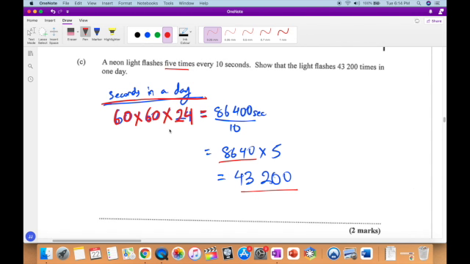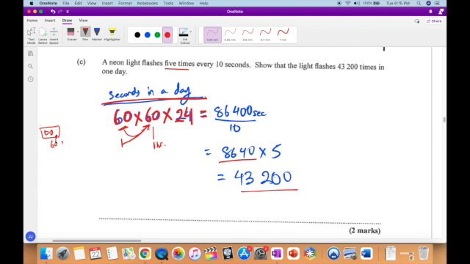I found how many seconds was in an hour, and then I kind of didn't know what to do from there. Right. So you found how many seconds in 1 hour, right? You have 60 seconds in 1 minute, but then you have 60 minutes in 1 hour.